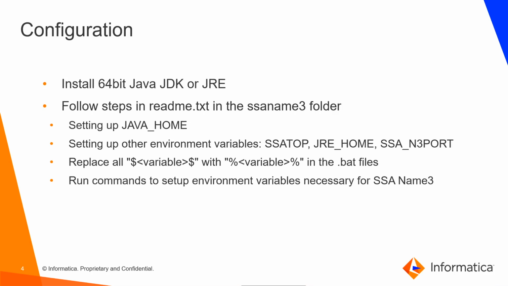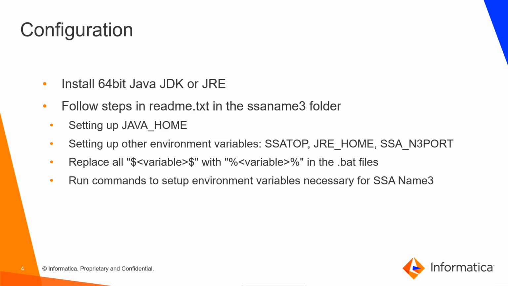After you have installed the resource kit, and also once you have the 64-bit Java JDK or JRE in place, you need to follow steps in a file called readme.txt, which is present in the SSA Name3 folder. Now this SSA Name3 folder will be available to you once you install the SSA Name3 portion of the resource kit.